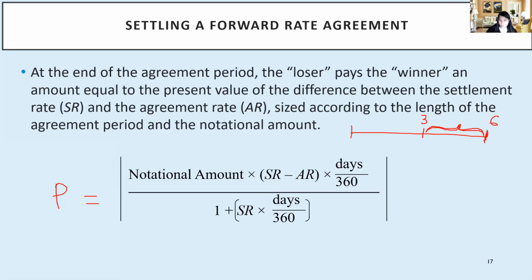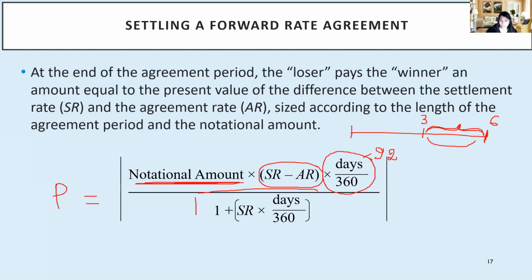What this formula is doing is calculating the interest payments on the notional amount for this particular period. Here SR minus AR is the difference in the interest payment between the settlement rate and the agreement rate. And this is to account for the maturity of the contract. For a 3-month contract, assuming there are 92 days, the number of days here is 92.